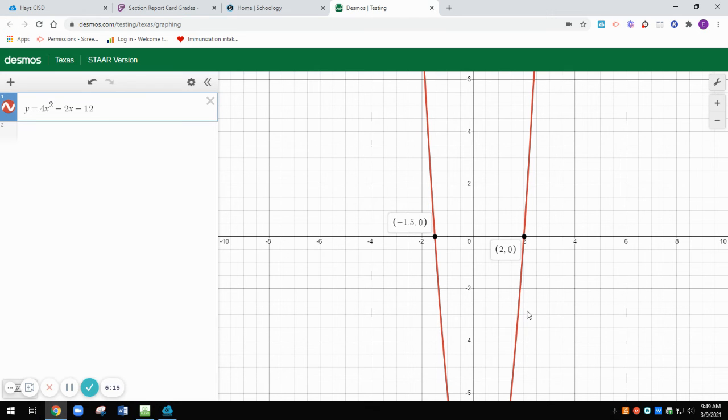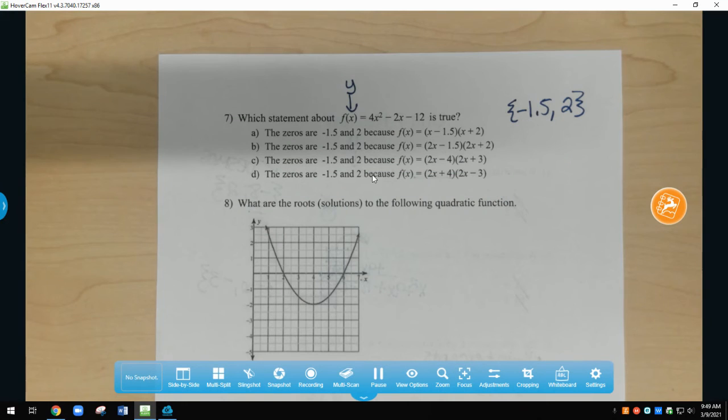So I have negative 1.5 and positive 2. So if I look at my answer choices, the zeros are all the same. So that means I'm going to come over here. So the easiest thing to do is type in these answer choices.